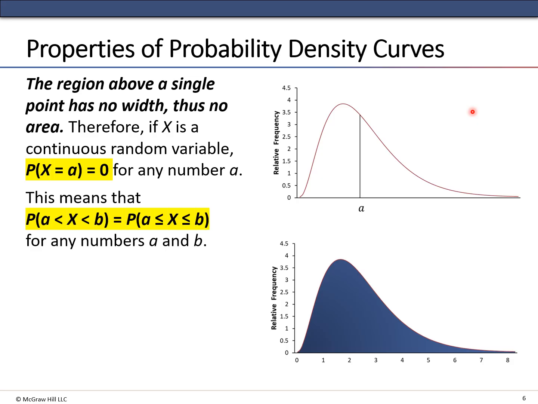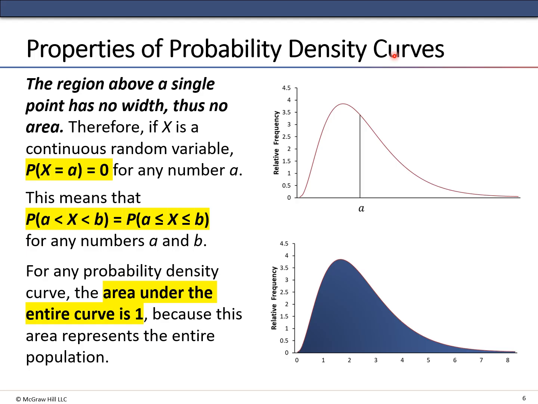Notice this also means that the probability that our data point is between A and B, non-inclusive, is equal to the probability of our point being between A and B, including the values of A and B. That's just because, again, the point has no additional value, no probability or proportion, so it doesn't matter if you exclude it or include it.